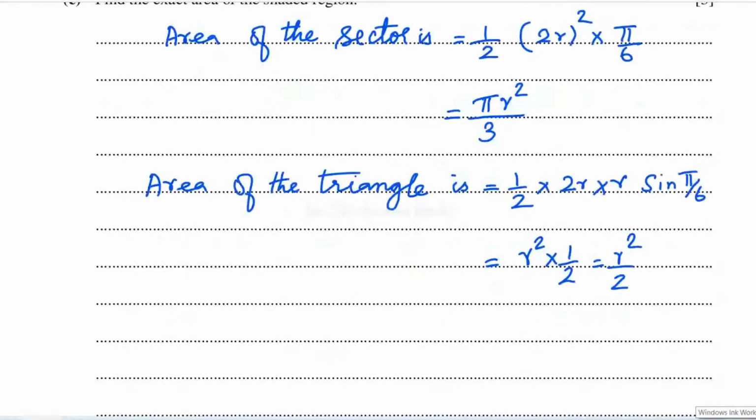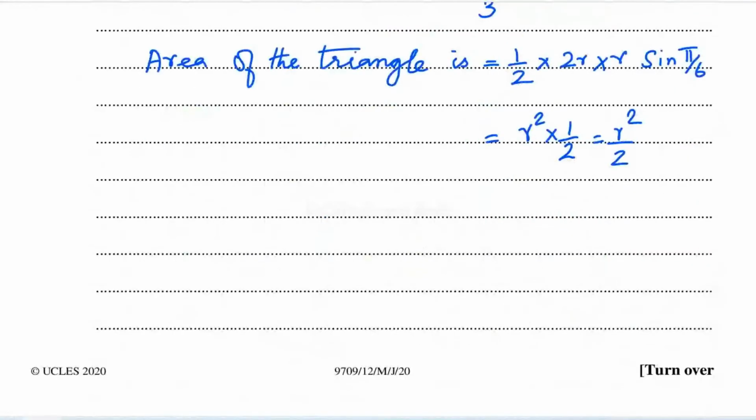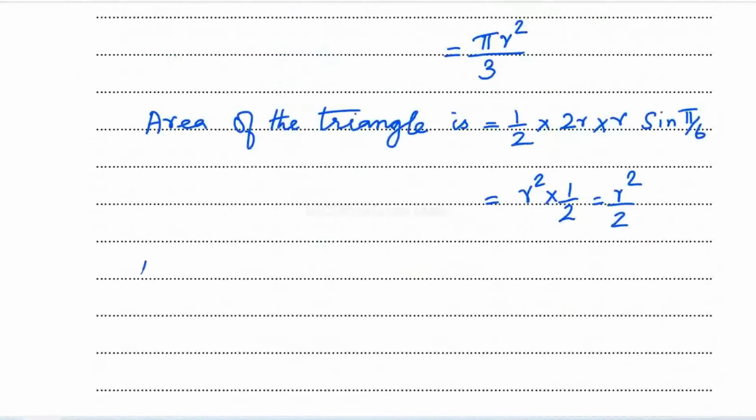So the area of the shaded region is the area of the sector minus the area of the triangle.